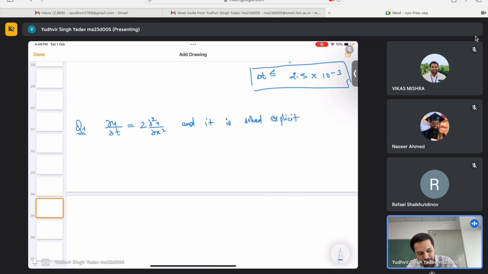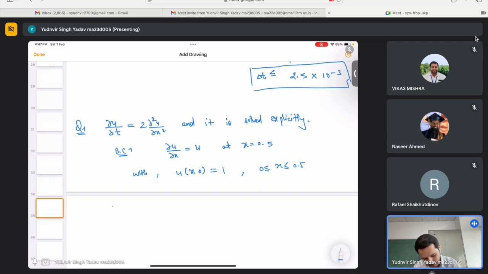That is, we are using the explicit scheme, and the boundary condition is given as del u by del x equals u at x equals 0.5, with the initial condition u(x, 0) equals 1, and x is from 0 to 0.5.